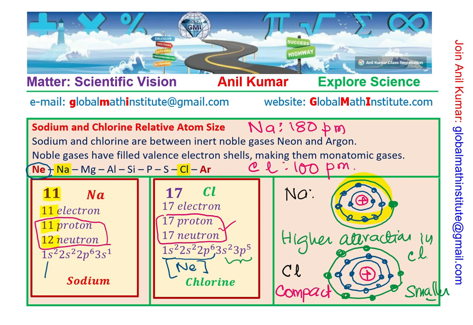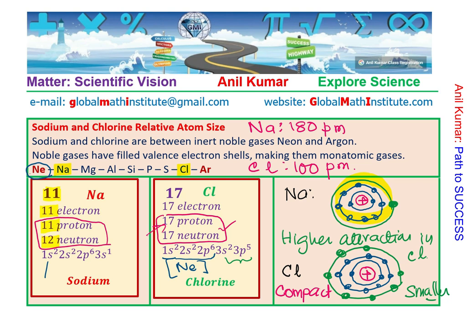So it can lose that outermost electron easily. In case of chlorine, it has a very high force of attraction because of these 17 protons trying to attract them inside. And more than that, every atom wants to become stable. Only then we can have a molecule.